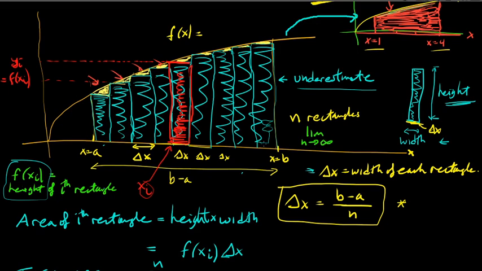At the same time, each rectangle becomes thinner and thinner, so the width, this delta x, shrinks and goes to 0. So you can write it as the limit as delta x goes to 0, or the limit as n goes to infinity.